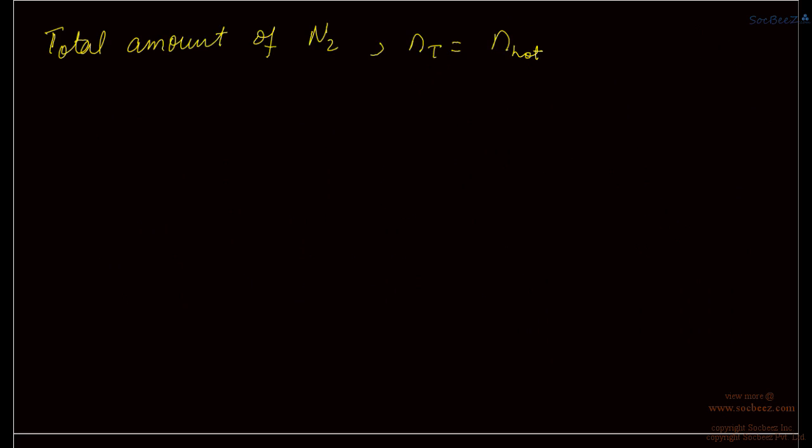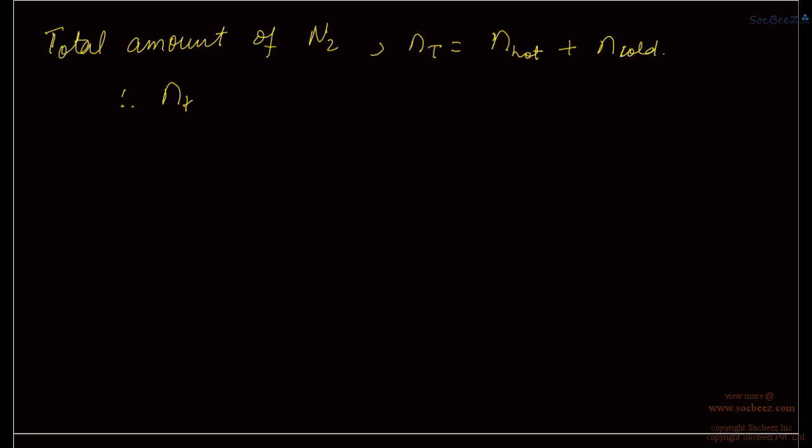Okay, so let's try to solve this question. The total amount of nitrogen in the combined system, N total, equals the number of moles of nitrogen present at the hot temperature plus the number of moles present at the cold temperature.